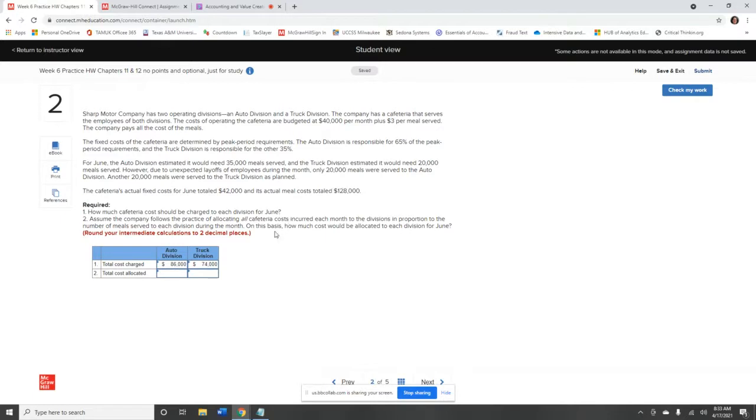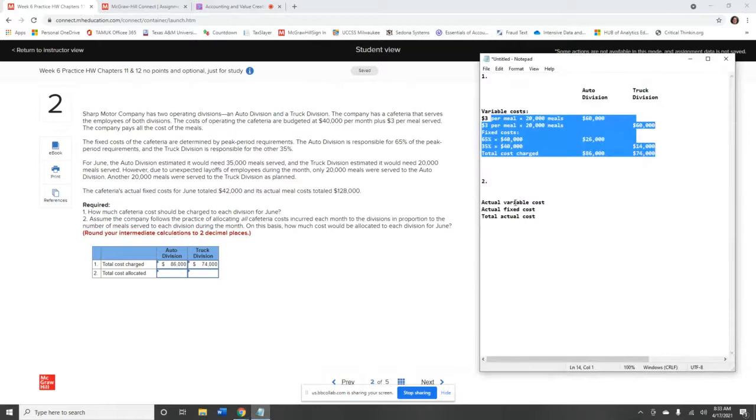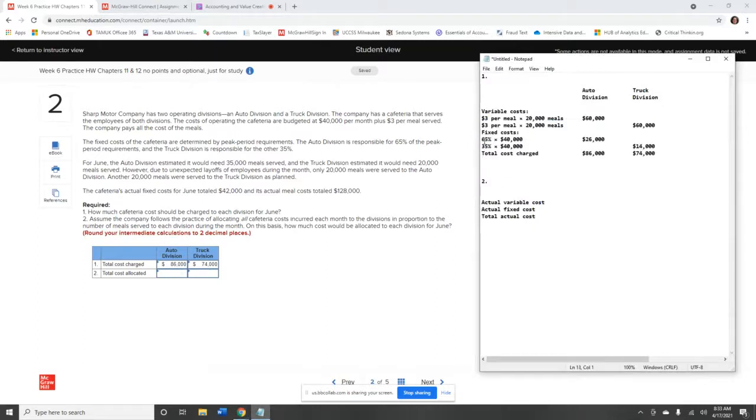So we're just going to spread this fixed cost out based on how many meals your division took, right? So each division had the same number of meals, 20,000. So how much would each be allocated to each division for June? So proportionally, we're 50-50, right? When we did this first go round, they did 65-35, right?